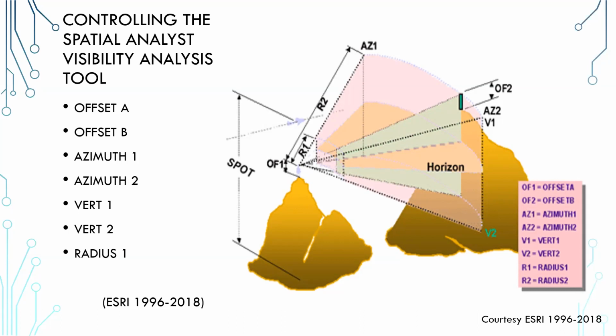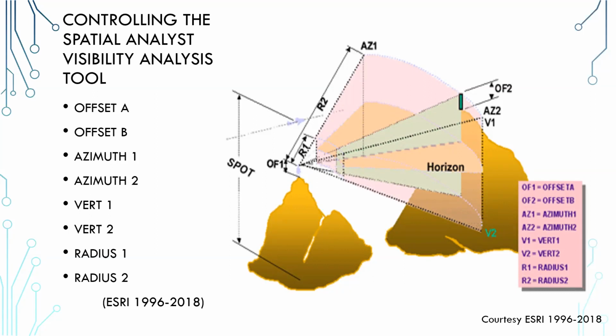So for this project, the default radius 1 distance is 0. Radius 2. Cells beyond the radius 2 search distance are excluded from the analysis. This value for radius 2 should be greater than radius 1, and the default radius 2 distance is infinity, but for this project is 27 kilometers, or the range of the UAV in the tile.